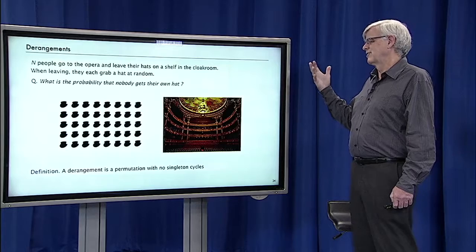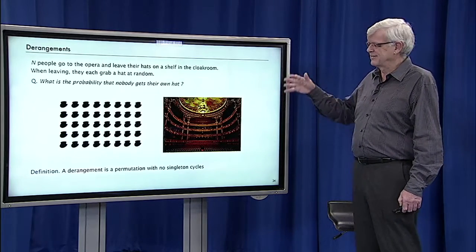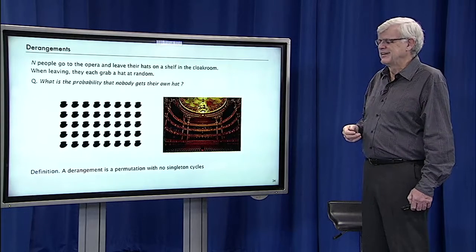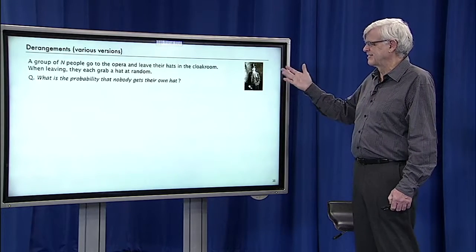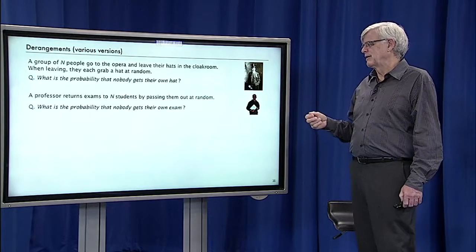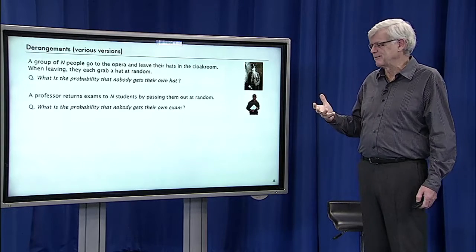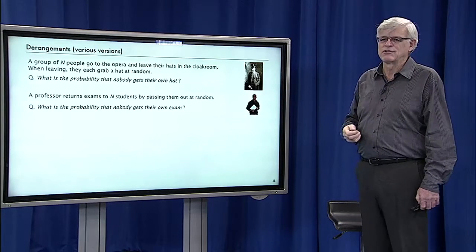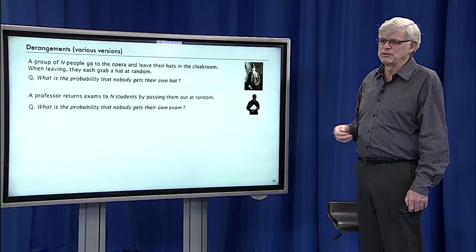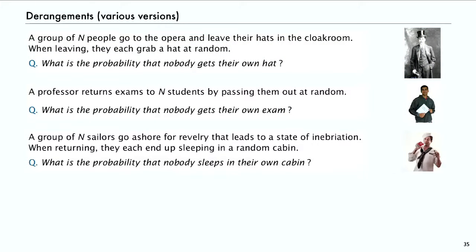Now, just as an amusing aside, this problem has been posed in many different ways in the centuries since. That's the classical opera way. Some people say a professor returns exams to students by passing them out at random. What's the probability that nobody gets their own exam? Lots of people use that way of posing the problem in combinatorics classes. Or a more fun way is the drunken sailor.